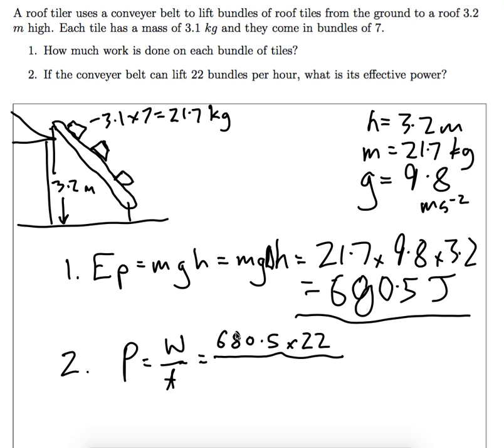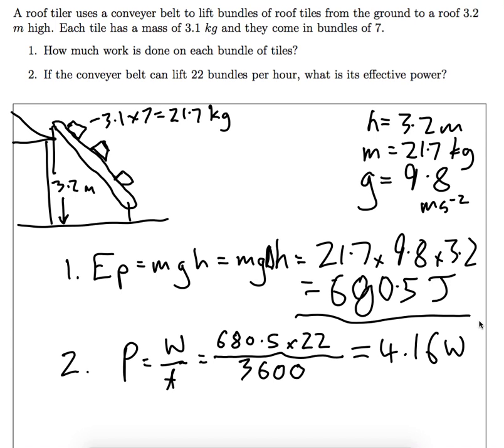It's doing 680.5 on each bundle, and it's doing 22 bundles. The time is, we've been given 1 hour, but we need seconds because we need the correct SI unit. So 60 times 60 is 3,600 seconds. 60 seconds in a minute, 60 minutes an hour, 3,600, which gives us 4.16 watts as the power.